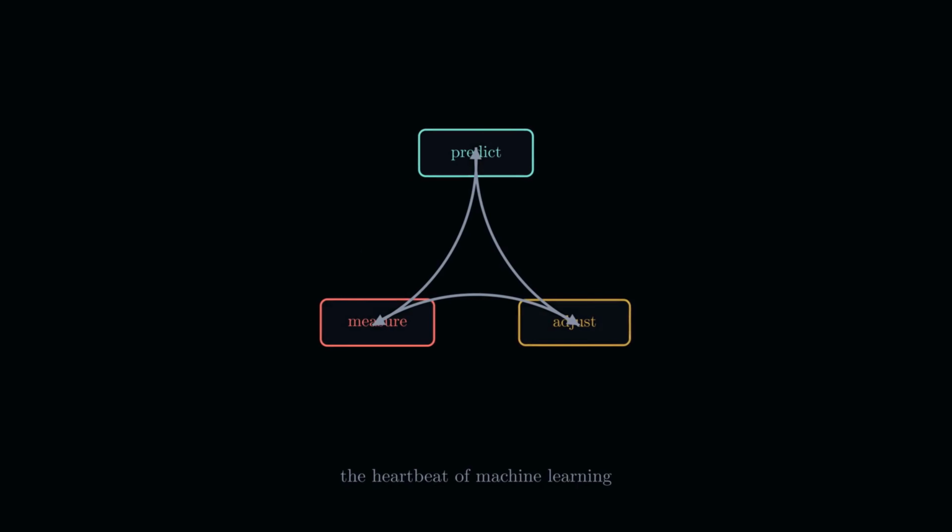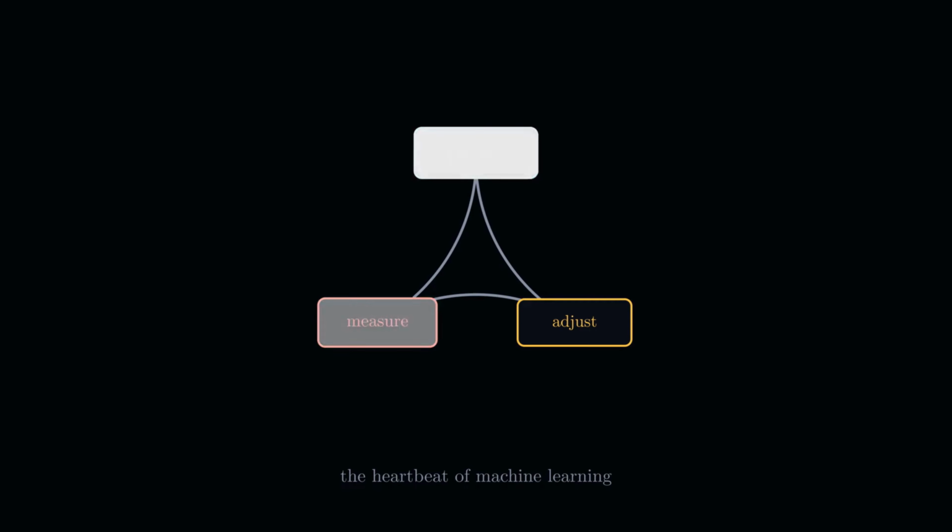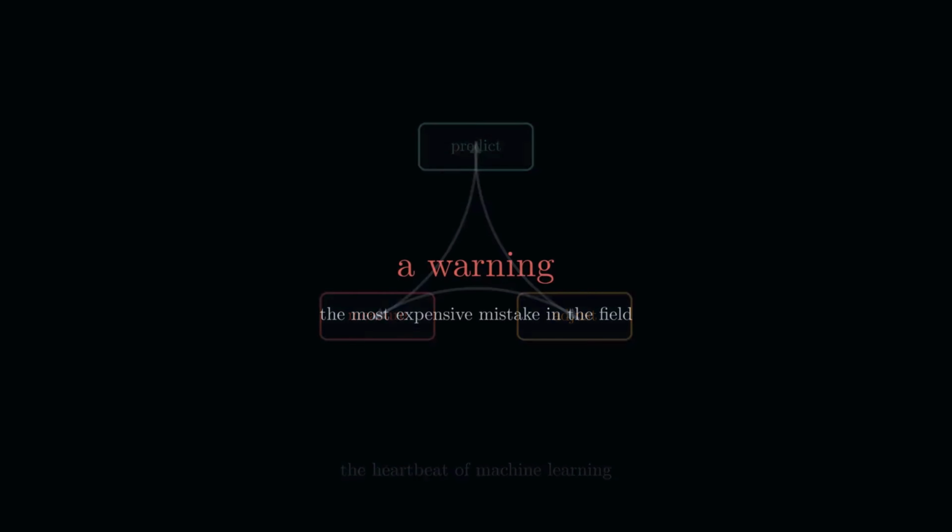The supervision is the constant presence of correct answers steering every adjustment. Take the labels away, and the engine has nothing to push against. Exactly how the machine figures out which way to nudge is the whole point of the next video. But the loop itself is predict, measure, and adjust, which is the heartbeat of every single machine learning model.